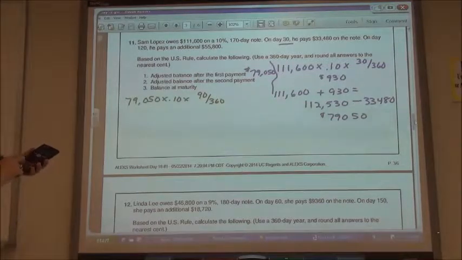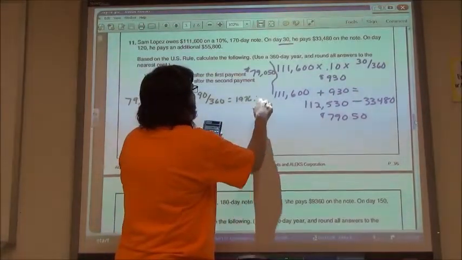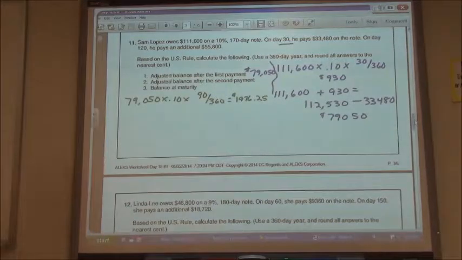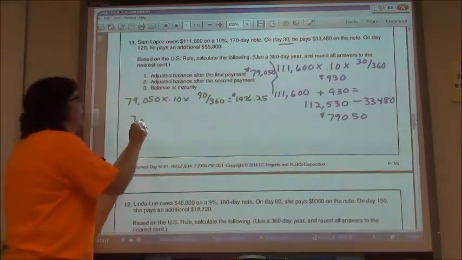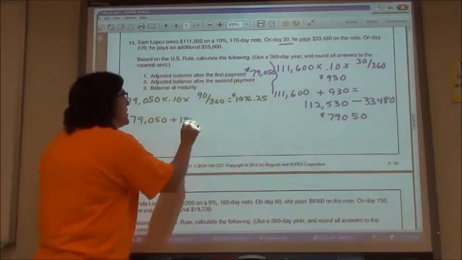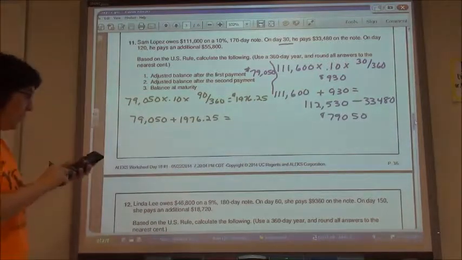So $79,050 times 10% times 90 divided by 360 gives me $1,976.25 in interest. So I'm taking my $79,050 plus my $1,976.25 in interest.